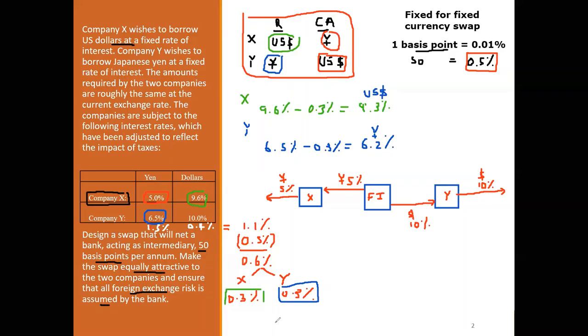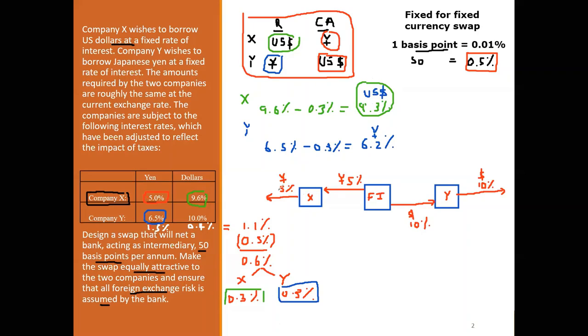But we know the ultimate cost, the final cost to X should be how much? It should be a dollar cost of 9.3% for X. X's final cost after the swap should be 9.3% in dollars. So far now for X, the cost is 0. Why?